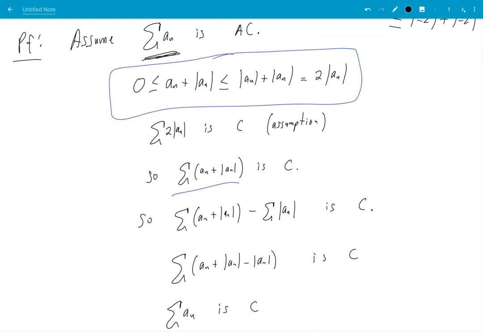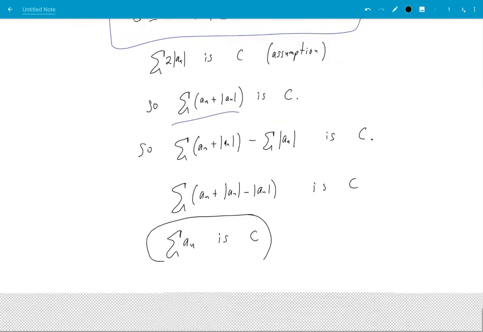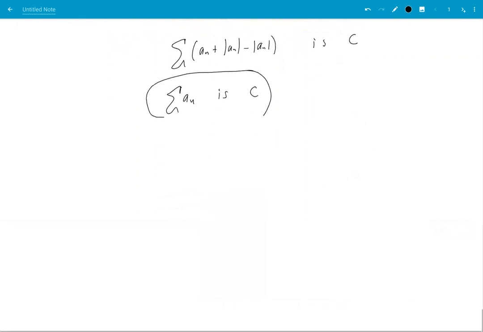If you have a series that is absolutely convergent, I arrive at the series must also be convergent. Okay, absolute convergence implies convergence.